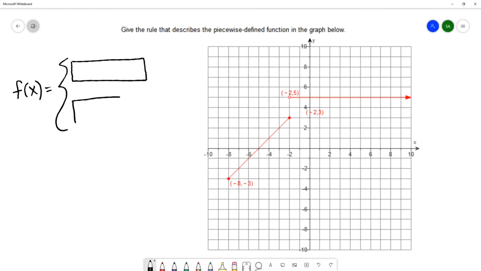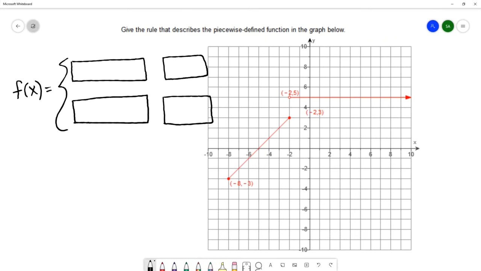So I'm putting a block here to represent the two equations, and then each equation will have a condition for that equation. The condition is telling us when to use that equation.